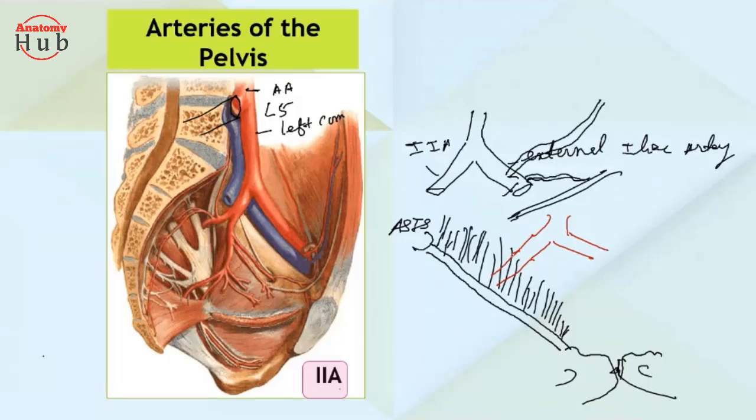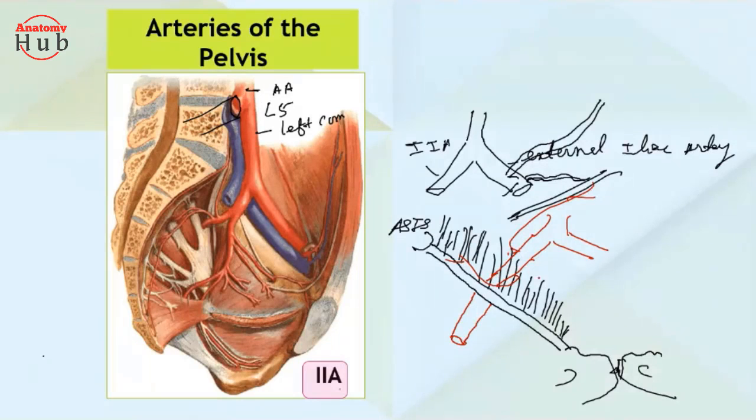Then it gives a branch, the inferior epigastric artery. Then you'll get the circumflex iliac artery that will go in this way. Then this external iliac artery will cross the inguinal ligament and come downward towards the anterior compartment of the thigh, right?